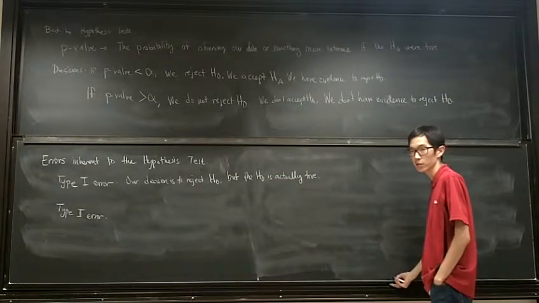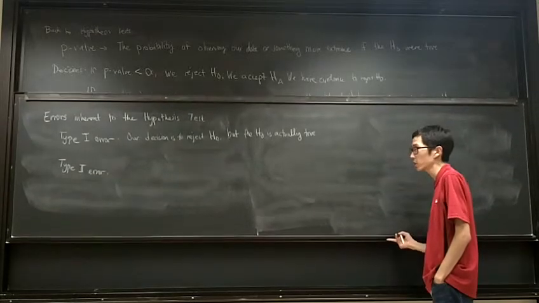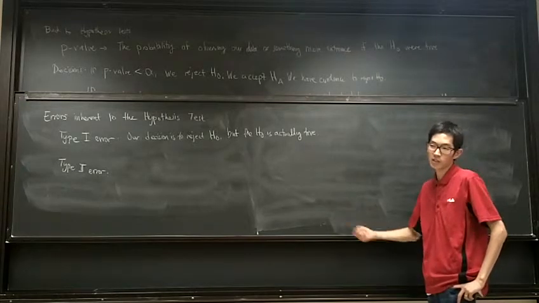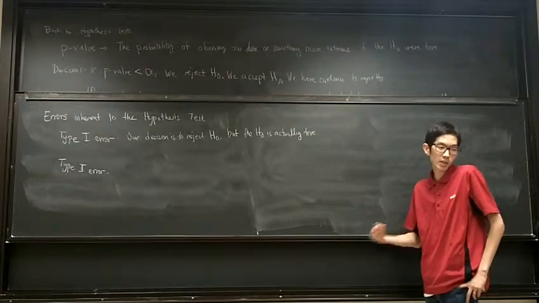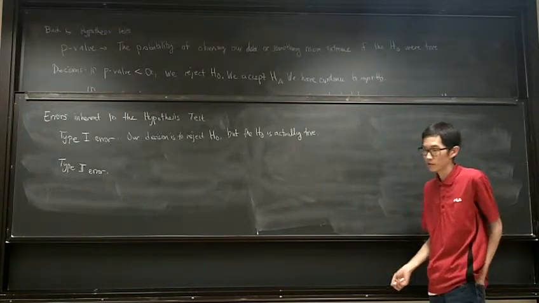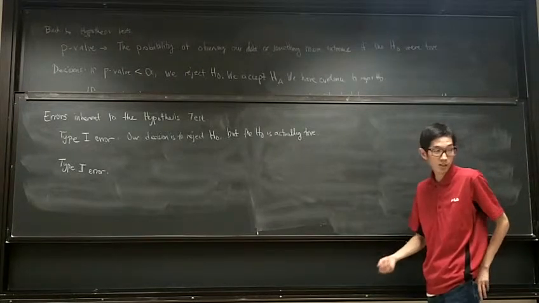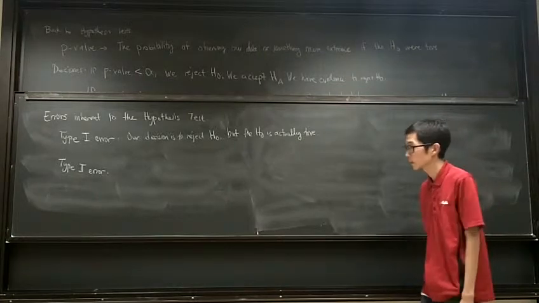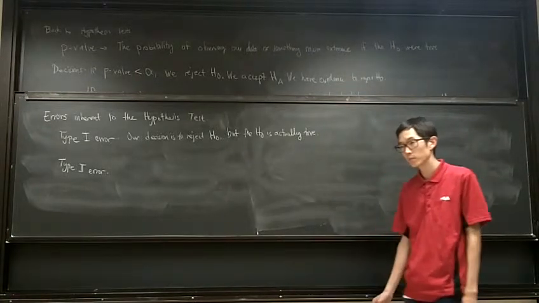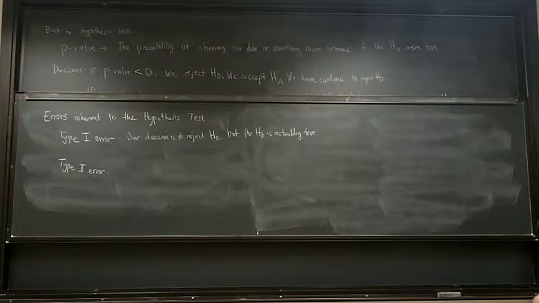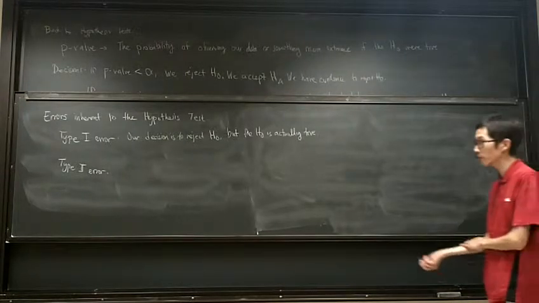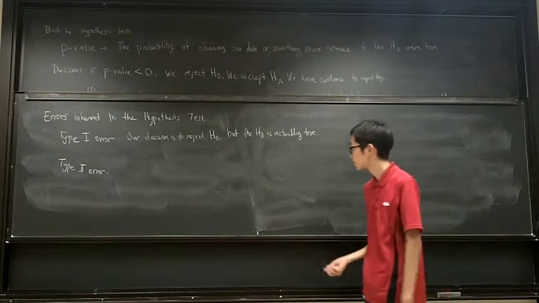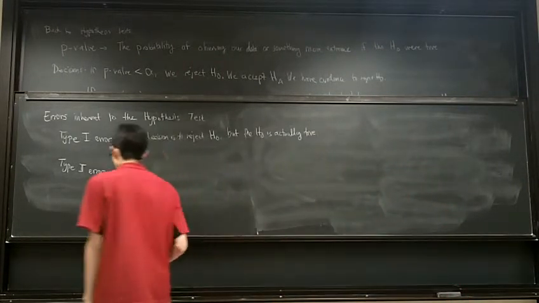The null hypothesis is actually true, which means we don't want to reject it, but we made the decision to reject it, because our data, for whatever reason, gave us a p-value that was less than alpha, and so we rejected the null hypothesis. Isn't that what alpha is? Yes, alpha is the probability of committing a type 1 error. I'll put that up on the board in a moment.